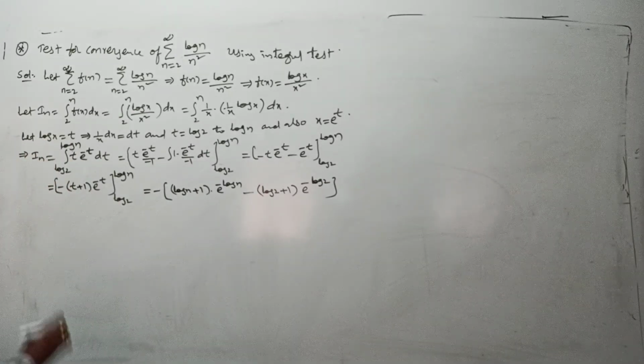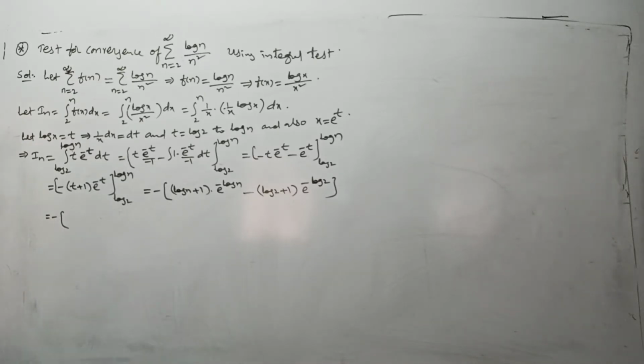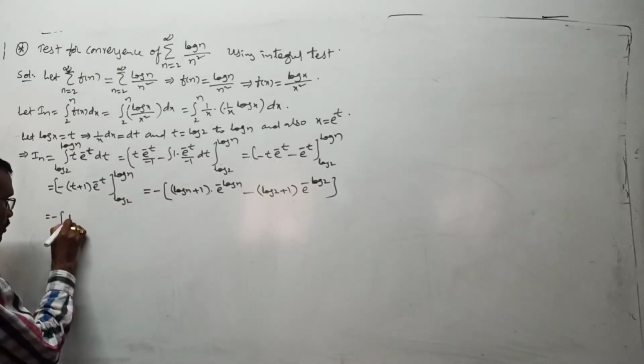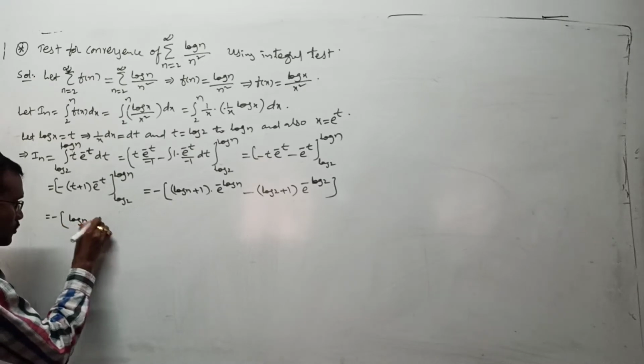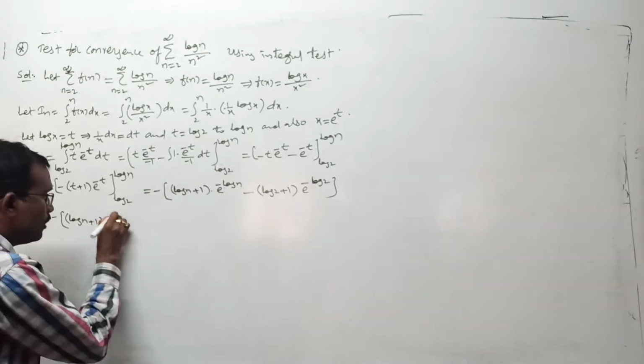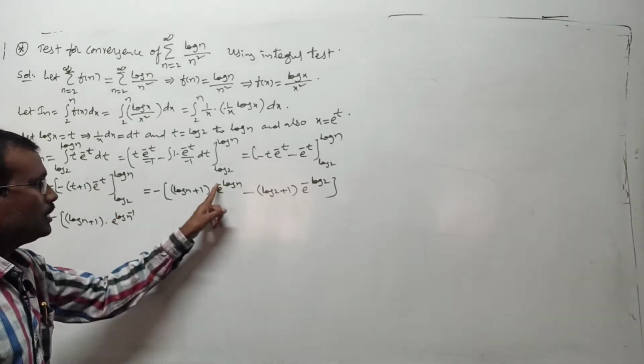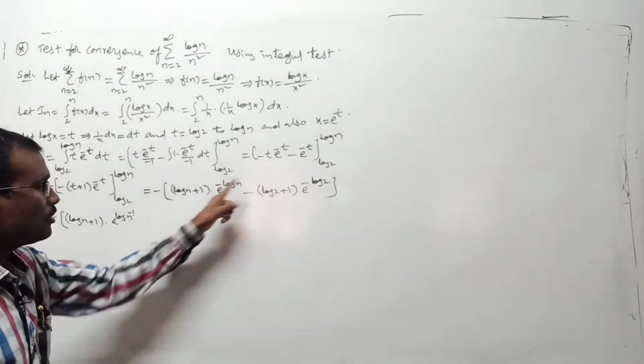Right? This is minus of, at the end stages we can take minus inside. This is log n plus 1 into e power log n to the power of minus 1, because log n is log n to the power of m. We proceed.